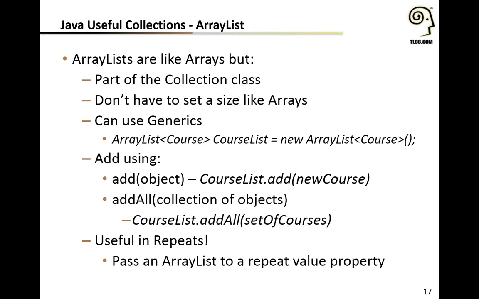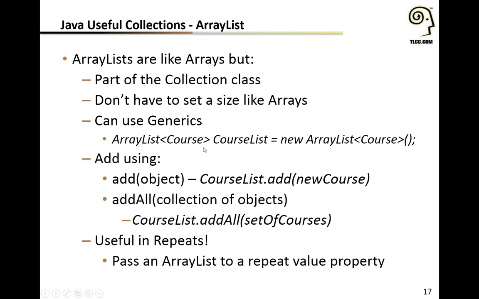But probably the most important thing about using an ArrayList is that there's something in Java called generics, and we can give our collection a data type that it's supposed to be. So in this case, if you look at this ArrayList, I want it to hold a Course. I'll call it courseList. So it can only hold a course object.